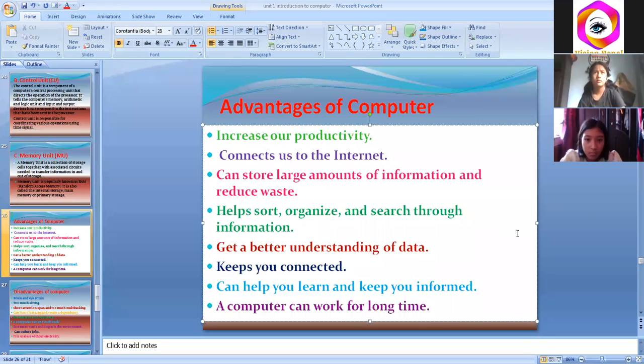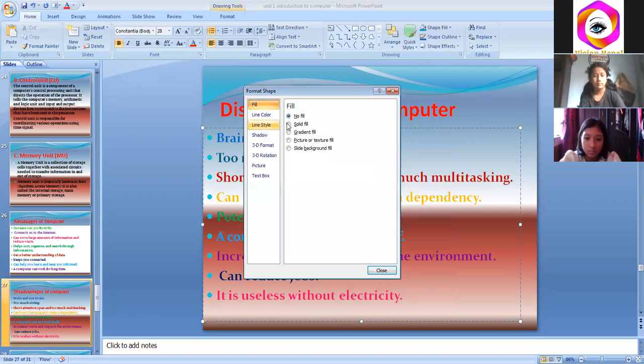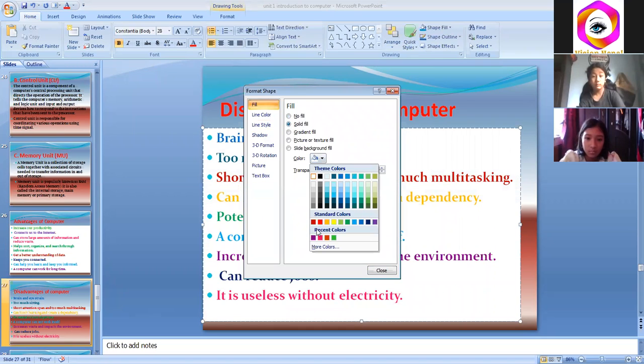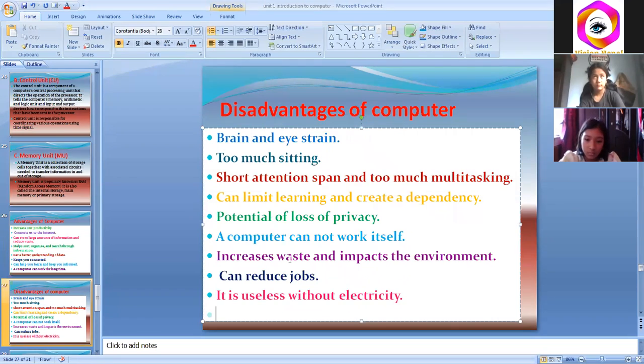Everything has positive and negative aspects, right? Likewise, computer has also some negative aspects or disadvantages. These are presented below. Okay, so here some disadvantages of computer are given.